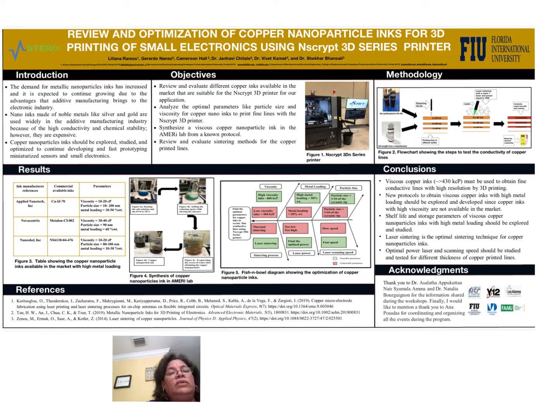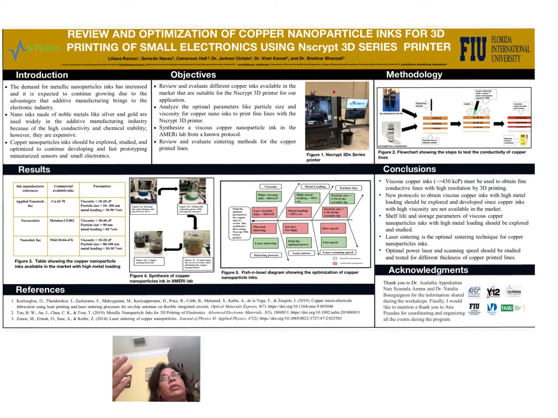In addition to the parameters of the ink, there are other factors that are affecting the final quality of the printing patterns for the small electronics, and that's the sintering technique that has been used. Remember that we are optimizing copper nanoparticles ink, and copper nanoparticles are prone to oxidation.